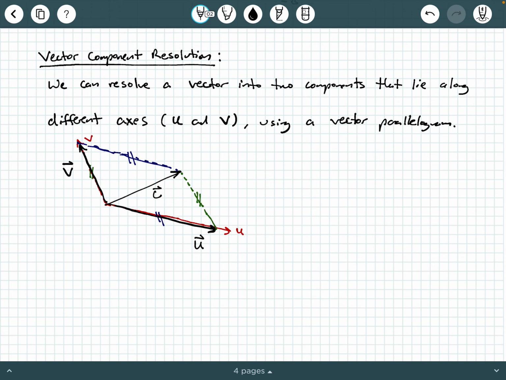Now, what happens, we've been talking about two vectors, okay? What happens if we have more than two vectors? Let's write this down, okay?